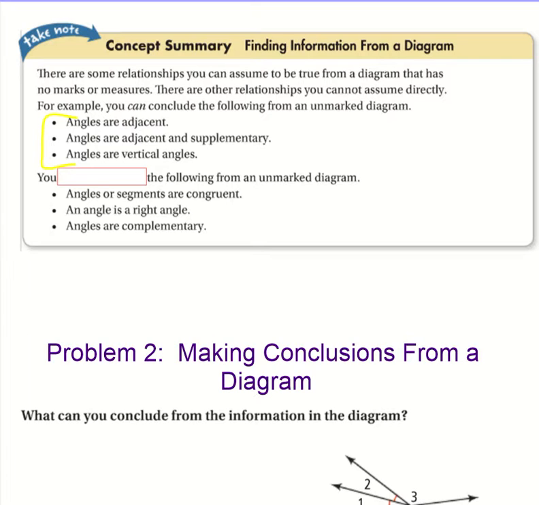So those are things when we see a picture, you can just automatically assume. Now, there are things that you cannot assume and you cannot conclude about your graph, and these are these 3 statements down here: whether angles or segments are congruent, whether an angle is a right angle, and whether angles are complementary. So we cannot conclude these things unless there are extra drawings in our picture.